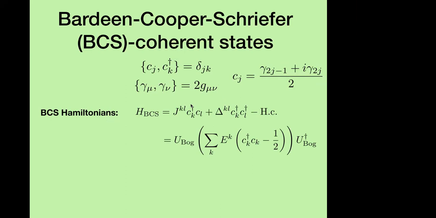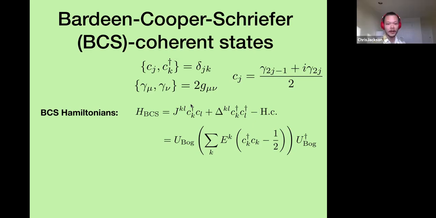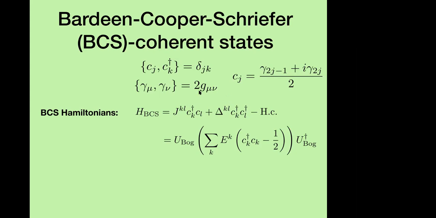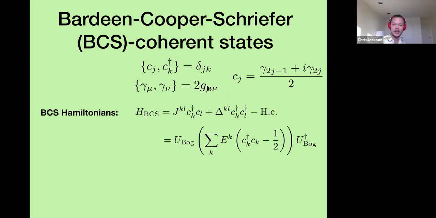Hello? Yeah. Quick random question. Why do you use G mu nu instead of delta JK? It sounds like it's the same property. Yeah, that's a wonderful question. So when you think of this as delta mu nu, the way I think of it is you've normalized your system so that the energies of each mode are just considered to be measured on the same scale.